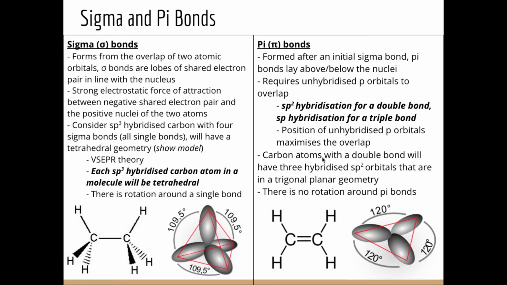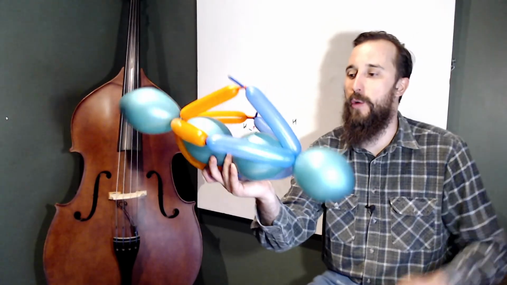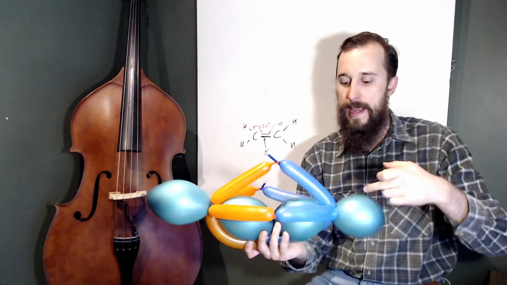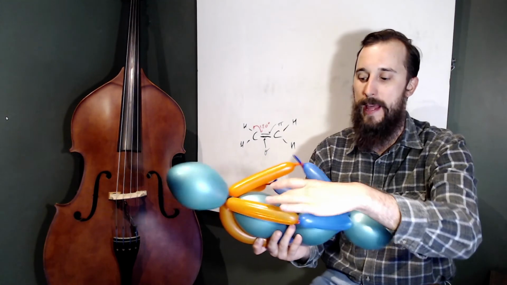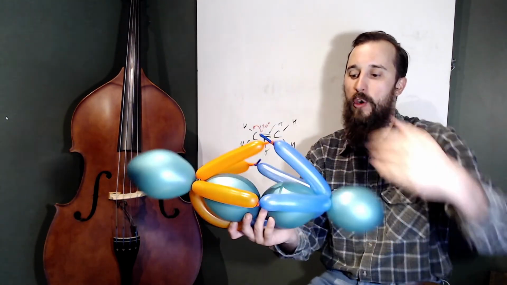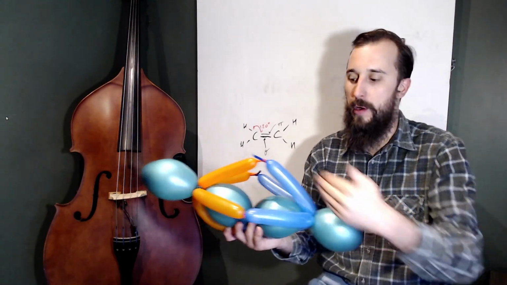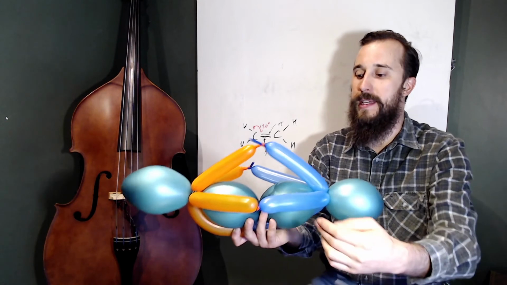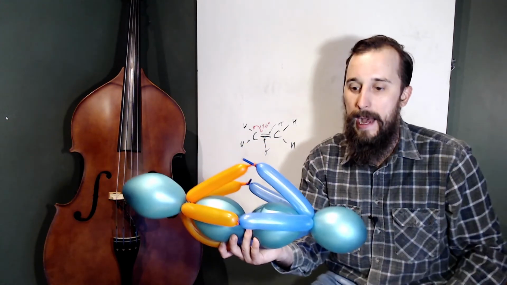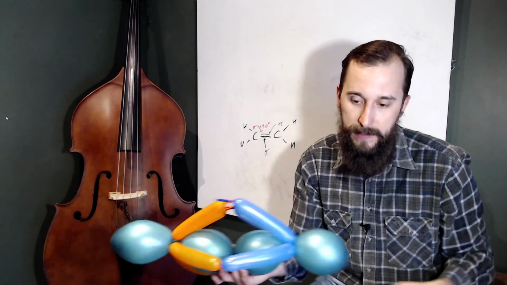Our triple bonds, we might as well have a bit of a talk about that now. Our triple bonds are very similar to the pi bonds, only they have two unhybridized p orbitals. So we've got our sigma bond between the green balloons, which are sp hybridized orbitals. Then we form one pi bond between two of the unhybridized p orbitals on each atom, and then we form the second pi bond with the overlapping of the second unhybridized p orbital.